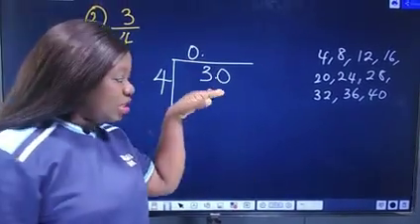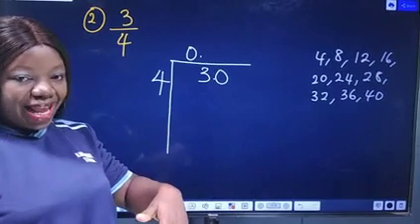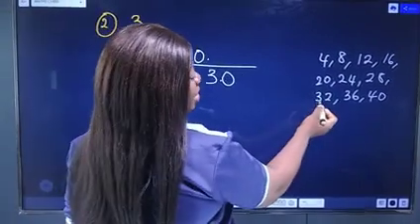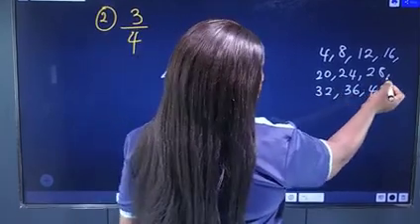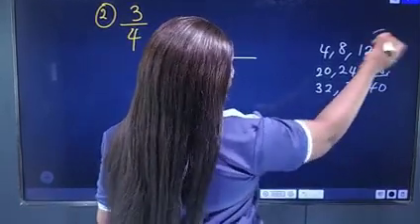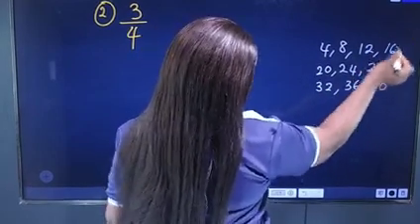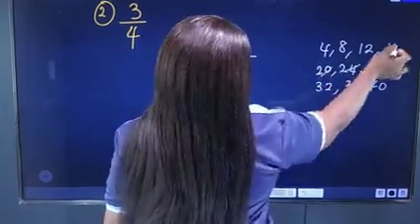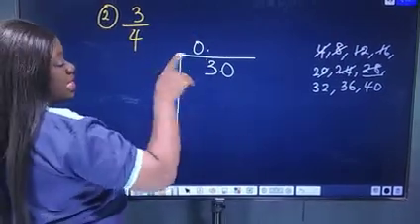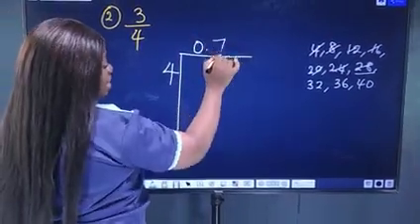If you don't have 30, look for a number that is very close to 30 but less than 30. This is 32. We don't have 30, so we are going to choose 28. Count the number of times we have skipped. 1, 2, 3, 4, 5, 6, 7. So 30 divided by 4 is 7.